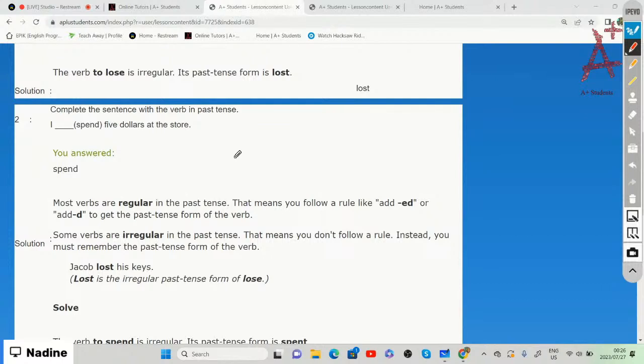So if I spend $5 at the store, then the past tense form of spend will be I spent $5 at the store. Basically, only the D changes to a T. So I spent $5 at the store. Yesterday, I spent $5 at the store.